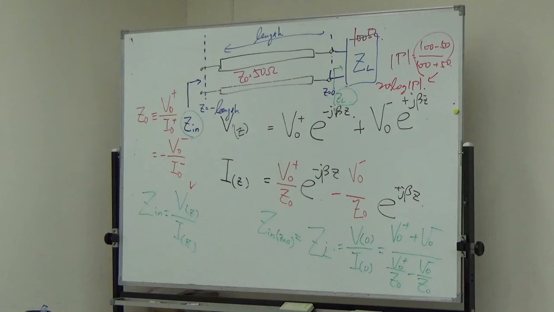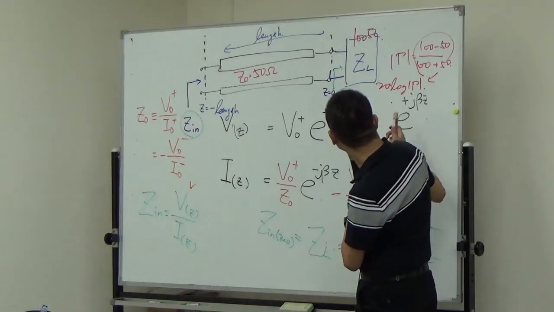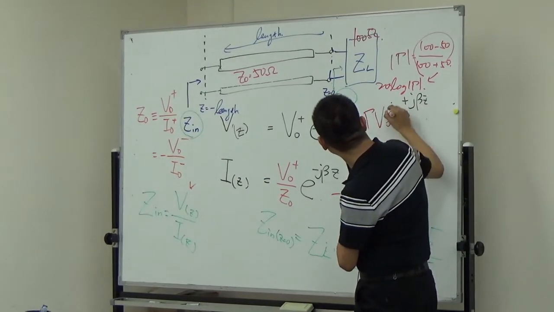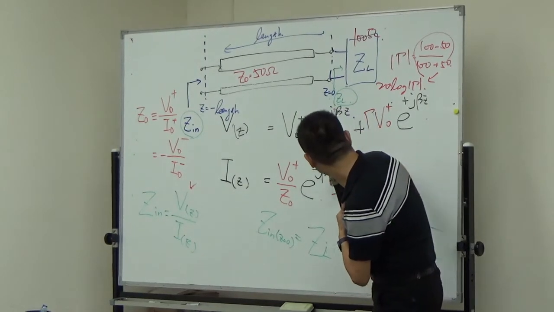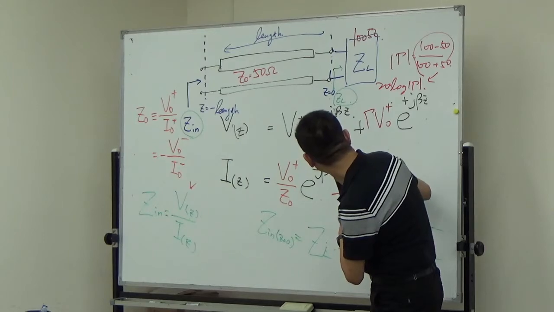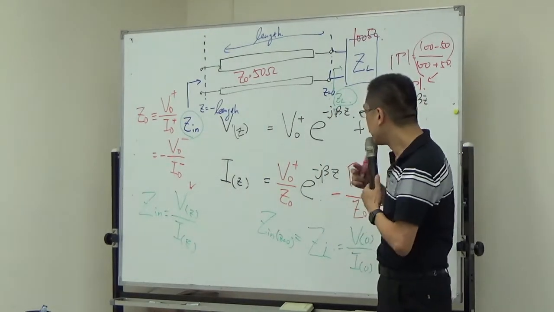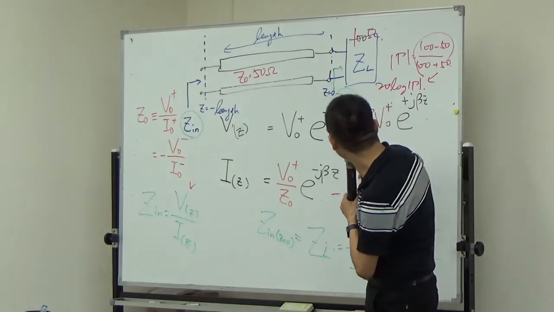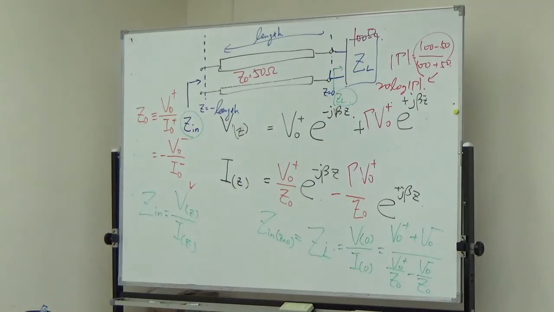Because you don't have V0 minus, you have a reflection coefficient. You can just use the reflection coefficient instead. Just change it, and for the equation, you just take the same part outside. You get these two equations.